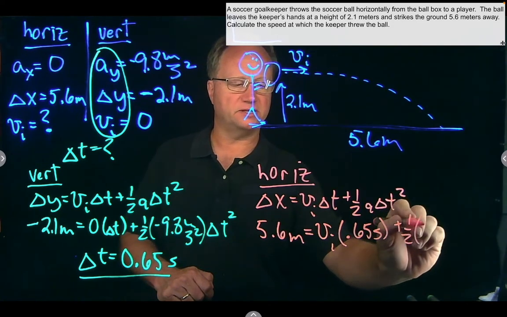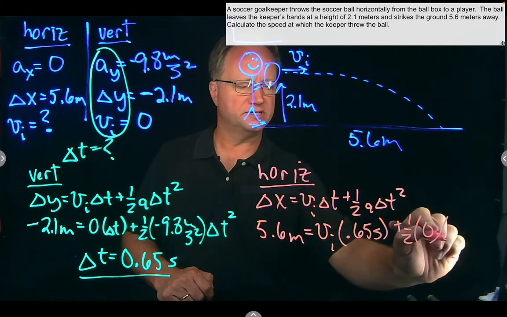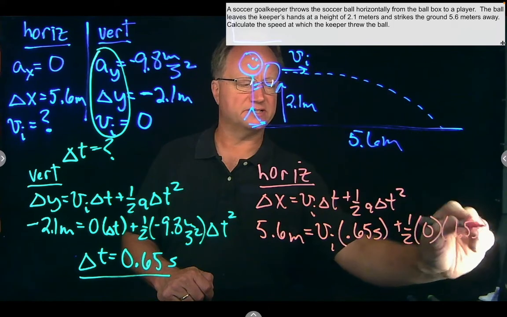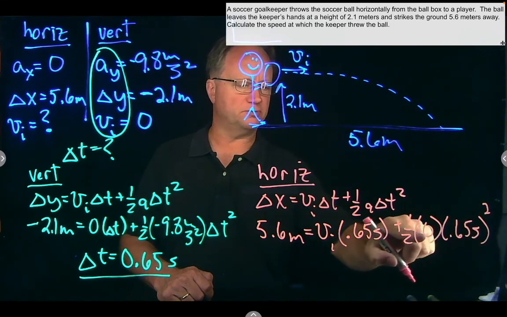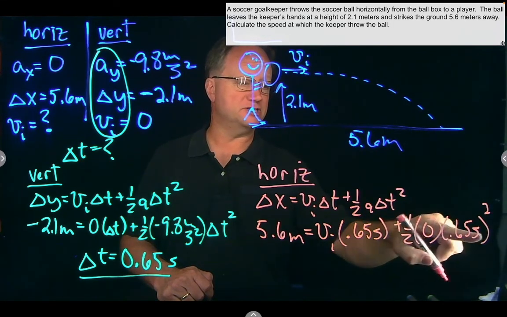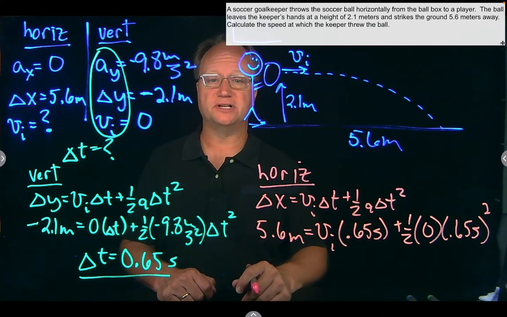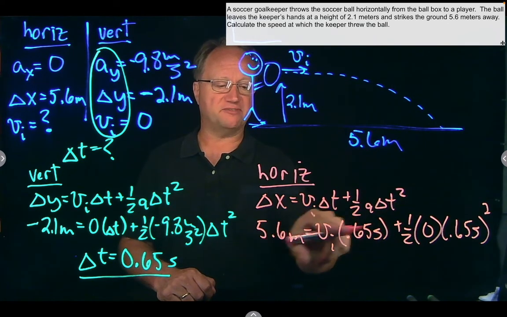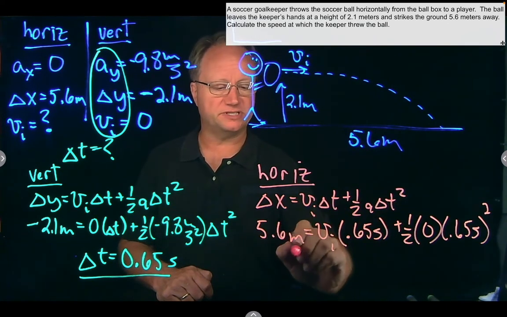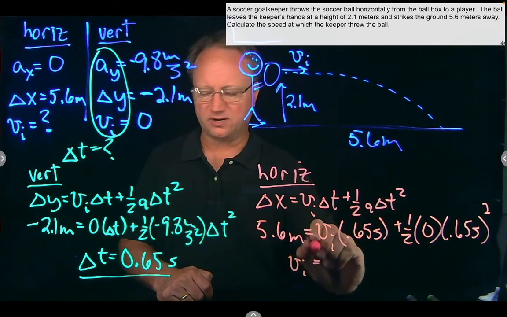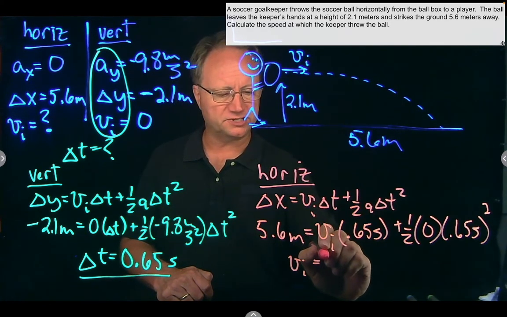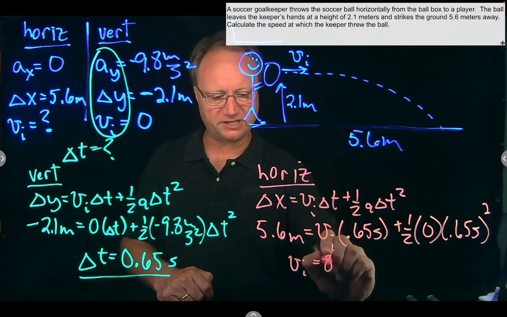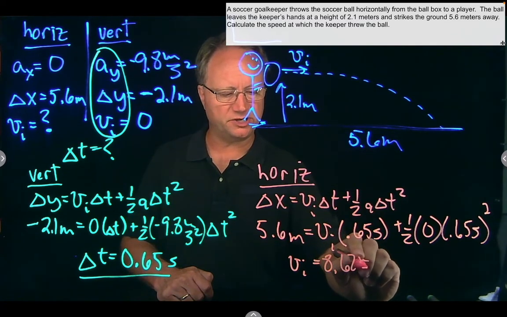Then 1/2 times horizontal acceleration 0 times 0.65 seconds squared. 0 multiplied by anything is 0, so this last term is gone. And so I just take 5.6 divided by the 0.65, and we calculate the initial horizontal velocity to be 8.62 meters per second.